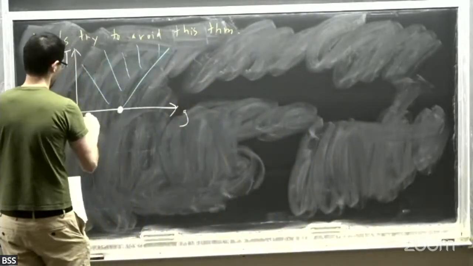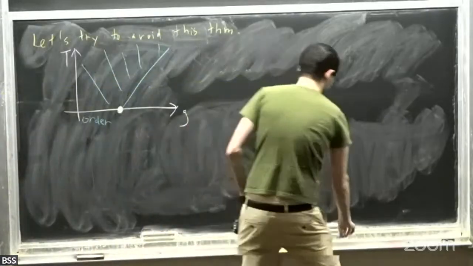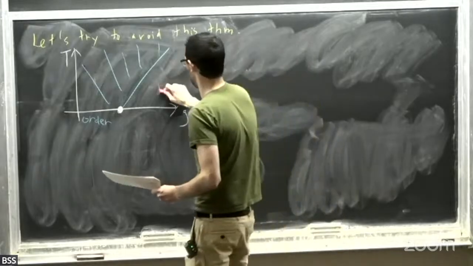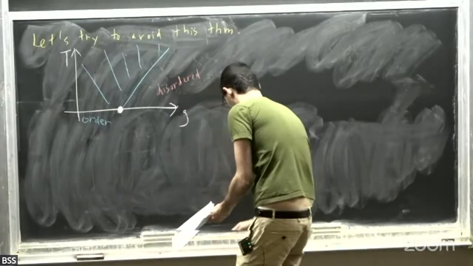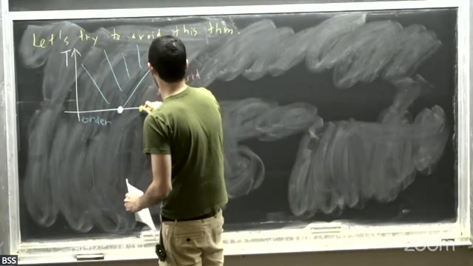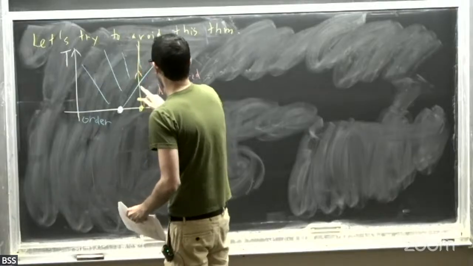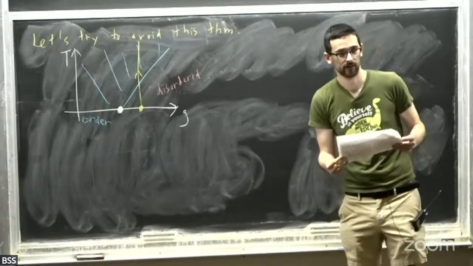So I want to have an ordered phase, a disordered phase, and then when I heat this system up, I can start from the disordered phase, transition into the ordered phase, and then I order forever. I never go back. Yes?